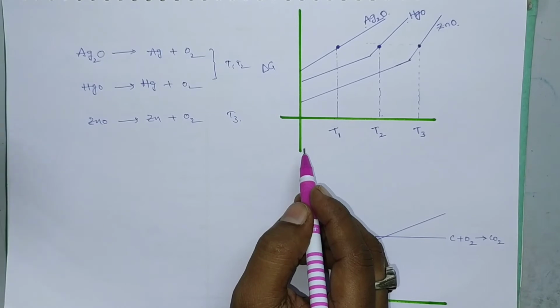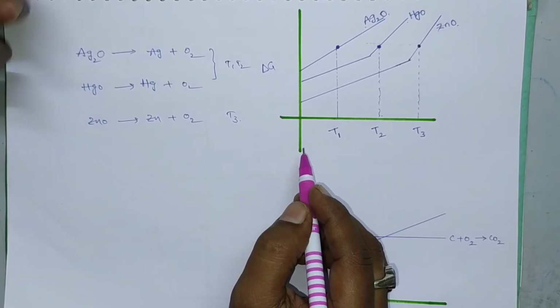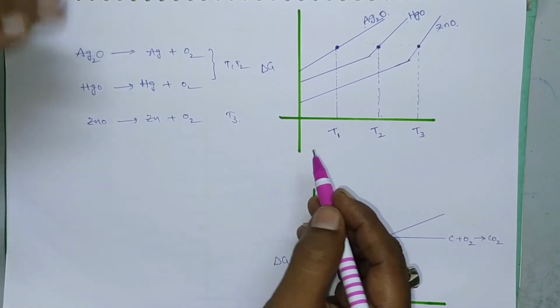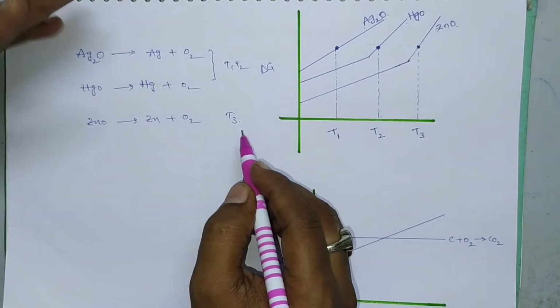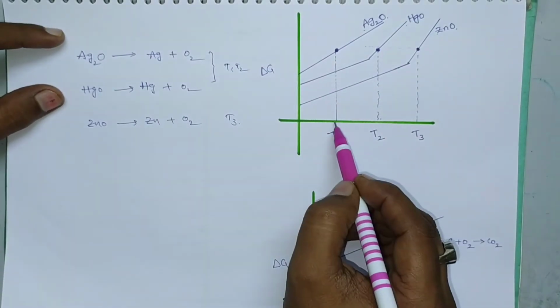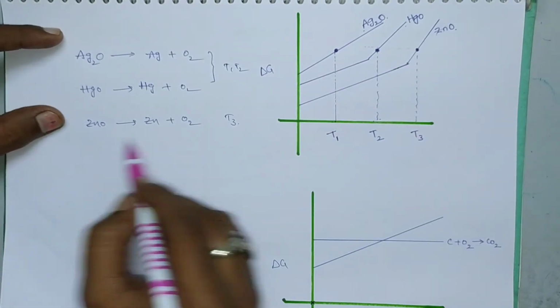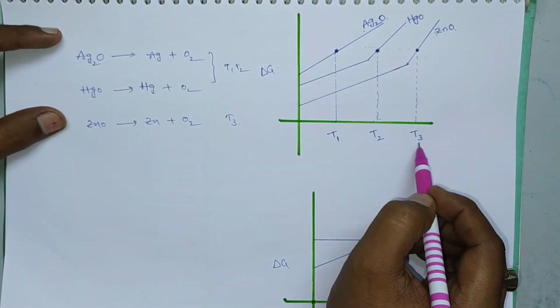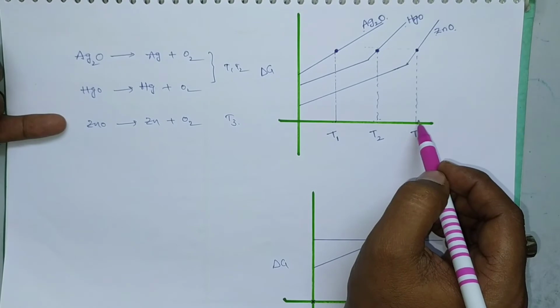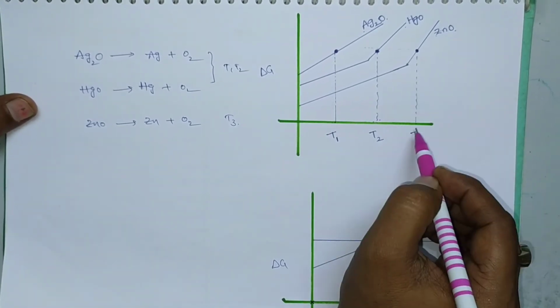That means the cost should be low and the product should be high. In these two reactions, the reactions take place at low temperature. Here it takes place at very high temperature. To produce high temperature, the cost of production will be more. So for this expression the cost of production will be more.